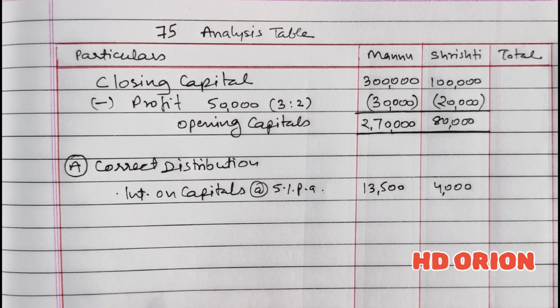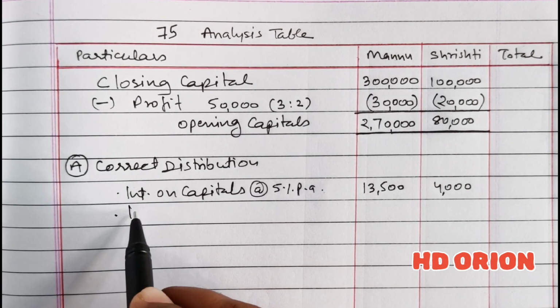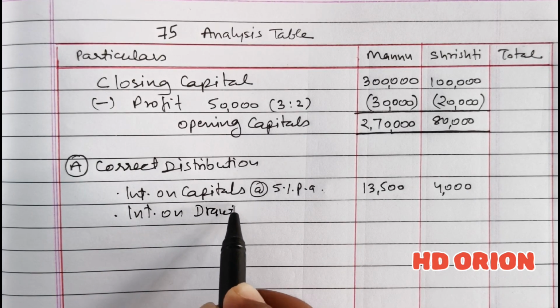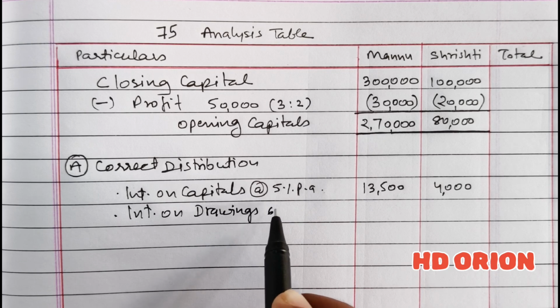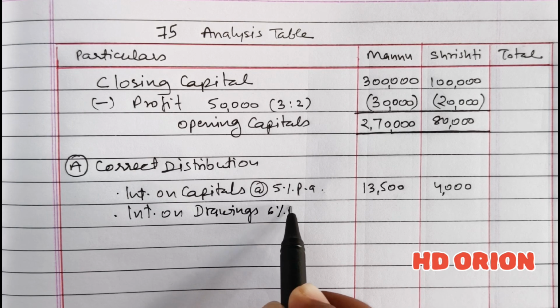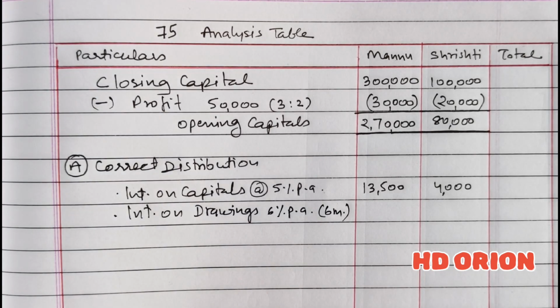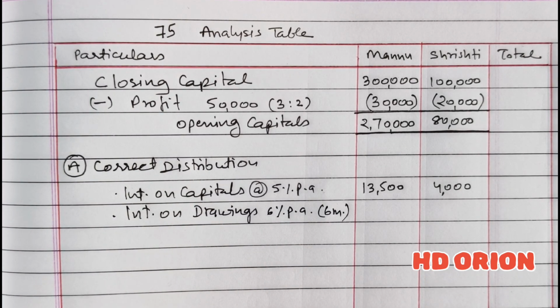At the same time, the firm has also failed to collect interest on drawings from the partners. So interest on drawings also, at the rate of 6% per annum for 6 months, because the rule is that when the date of drawings are not given, in that case interest will be calculated only for 6 months period.